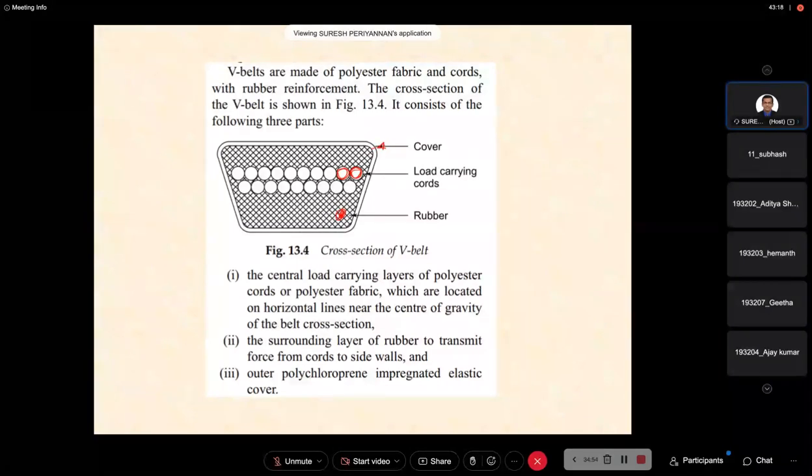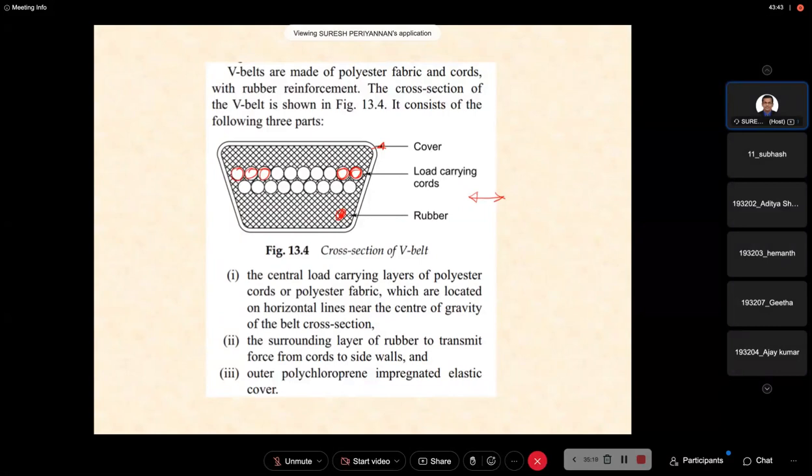The central load carrying layers are polyester cords or polyester fabric, located in horizontal lines. This is the major load carrying portion of the belt against tensile load when the belt is transmitting power from the driving pulley to the driven pulley.